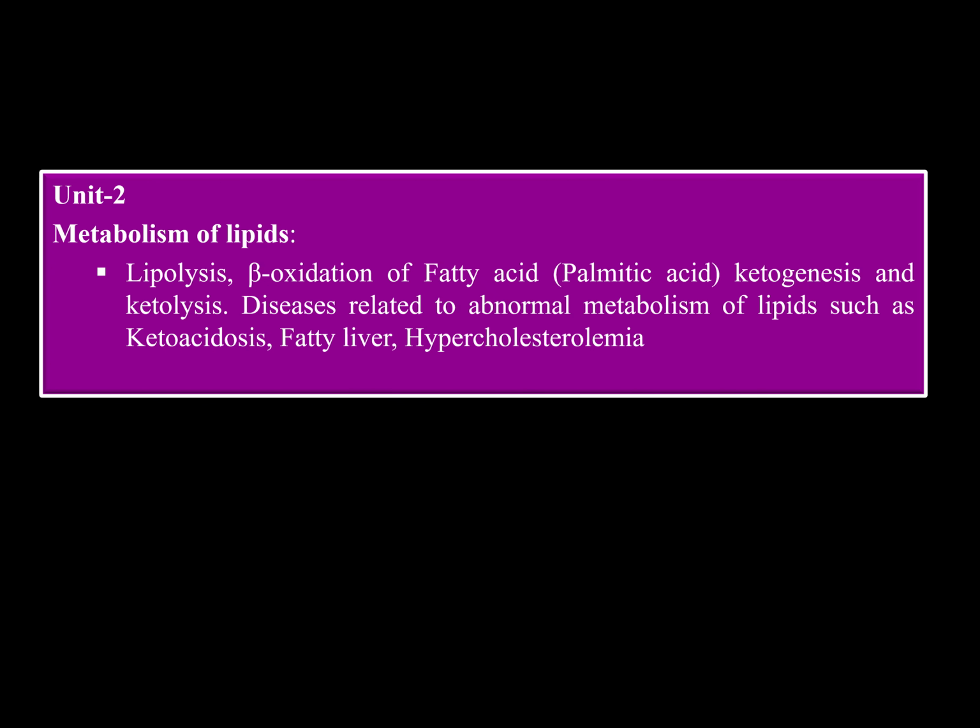After that, we will learn ketogenesis and ketolysis, which is ketone body formation and utilization. Finally, we will look at diseases caused by abnormal metabolism such as ketoacidosis, fatty liver, and hypercholesterolemia.